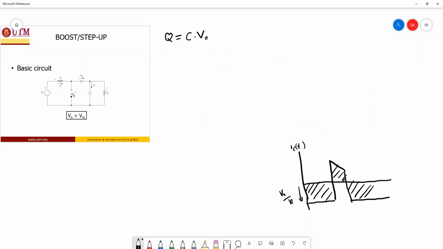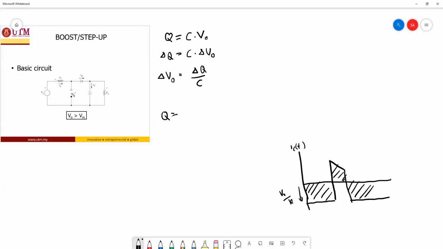So any change in the charge is due to the change of V out. Making V out our main function, delta V out is equal to delta Q over C, and this charge can be computed by calculating the area inside this waveform. This area is a square wave.